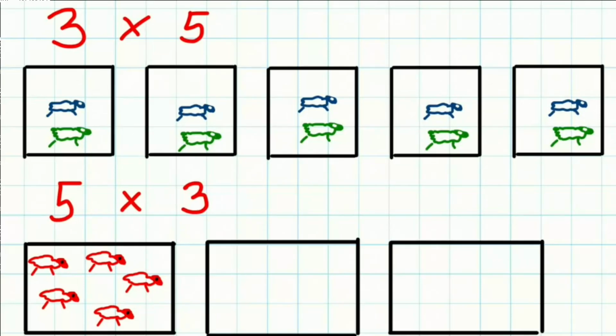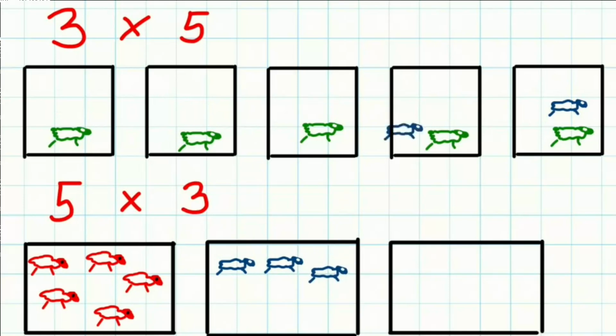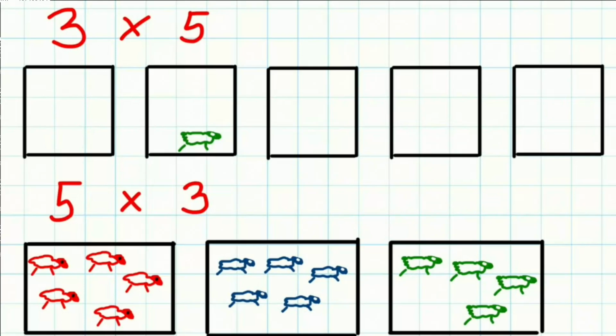We could take the 5 blue sheep and put them all in the second field, and then you can see what happens with the green sheep. And we can accept we have the same total number of sheep regardless of the order we have counted them in, and therefore the number is the same. 3 times 5 is the same number as 5 times 3.